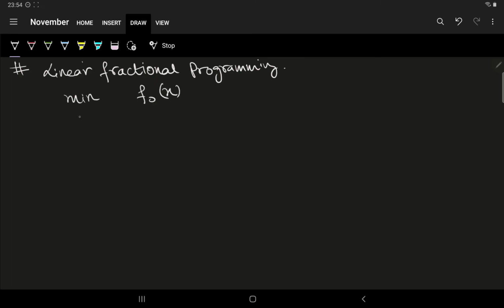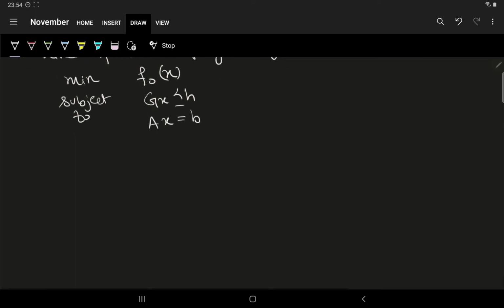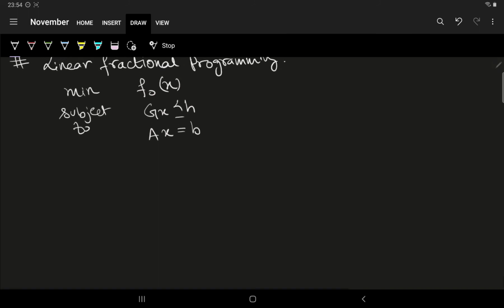Next, we discuss linear fractional programming. We need to minimize f naught of x subject to this. It looks similar to the linear program.